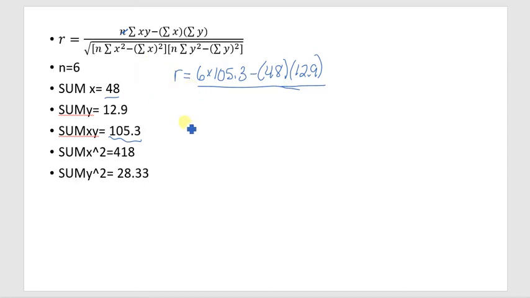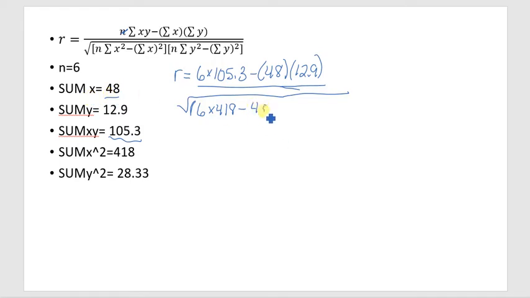Okay, now on the bottom, don't miss that root sign, so important. Now, first bracket, because there's 2 brackets and they're multiplied by each other. So n, which is 6, times the sum of the x squared. So the x squareds added up to 418 minus the sum of the x's, which is 48.